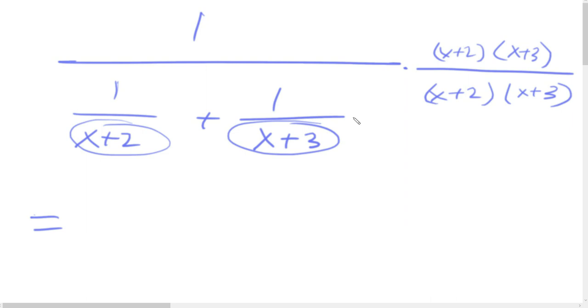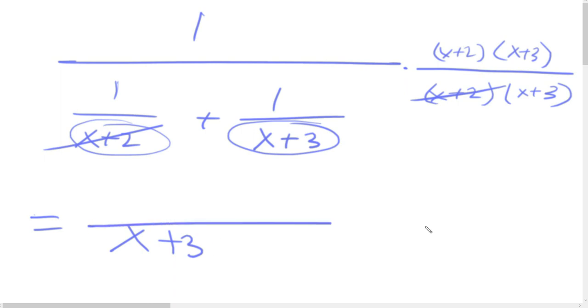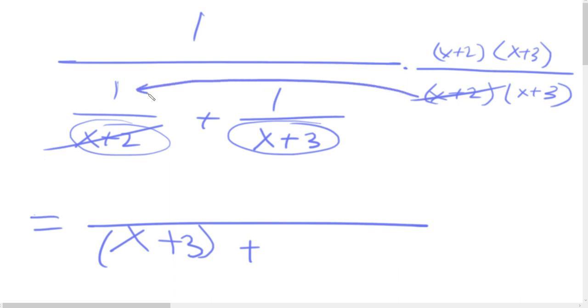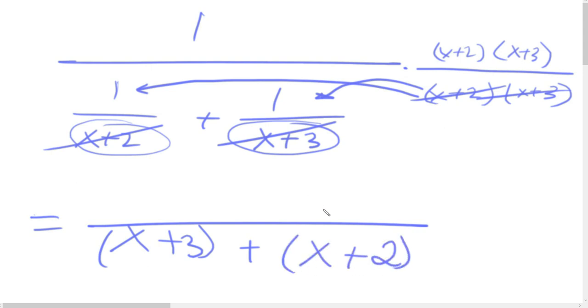On the bottom, when I multiply this with this term, the x plus 2 and x plus 2 cancel out, so I have x plus 3. And then I have a plus sign, because this is getting distributed to the top. Here my x plus 3 and x plus 3 cancel out, and I'm left with x plus 2. And on top, all I have is x plus 2 times x plus 3, and that's basically the answer.